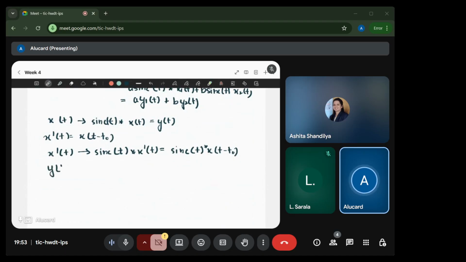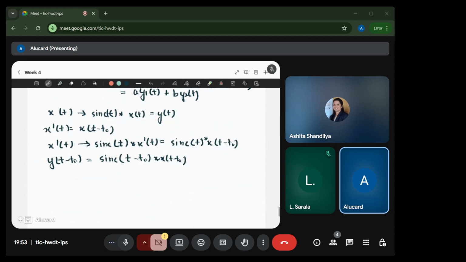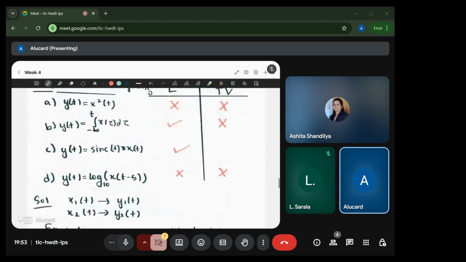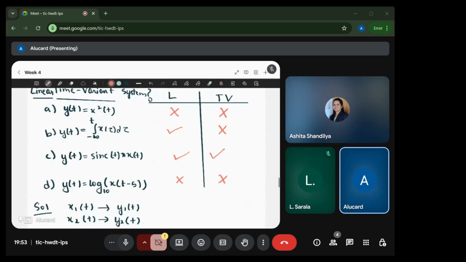But what is y of t minus t0? y of t minus t0 is sinc of t minus t0 times x of t minus t0. Let's call the previous output y dash of t, and you can see that y of t minus t0 is not equal to y dash of t. So it is time varying. So the third system is linear and time variant.